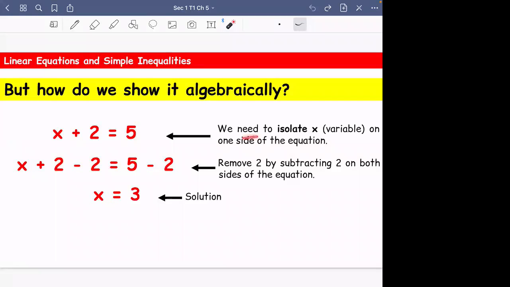We need to isolate x, or the variable, whatever letter, because it can be x, y, z, A, B, or C. It depends on the question. Isolate x means we leave x alone on one side of the equation. It doesn't matter if it's on the left or on the right.